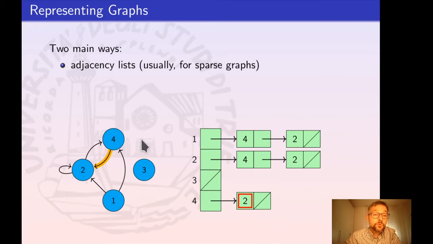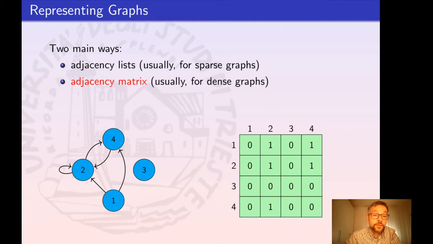Okay, now let's move to the second main way to represent graphs, at least directed graphs, which is the adjacency matrix. So what's an adjacency matrix? Well, it's a matrix in which each row represents the adjacency, the set of nodes reachable from that node by using one single edge.